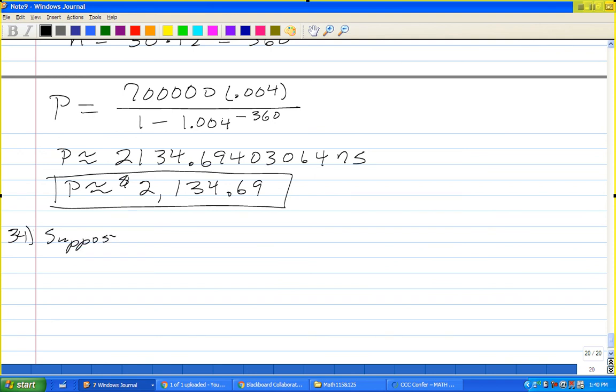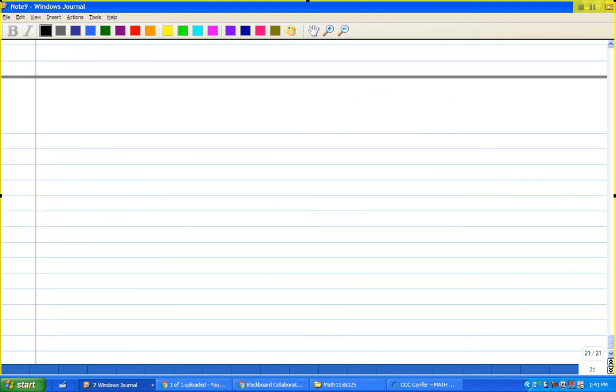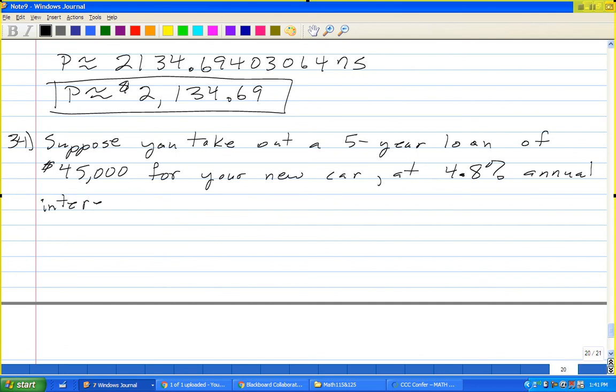Suppose you take out a 5-year loan of $45,000 for your new car at 4.8% annual interest, compounded monthly.